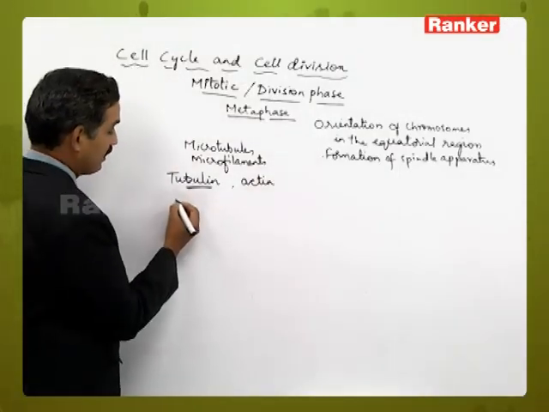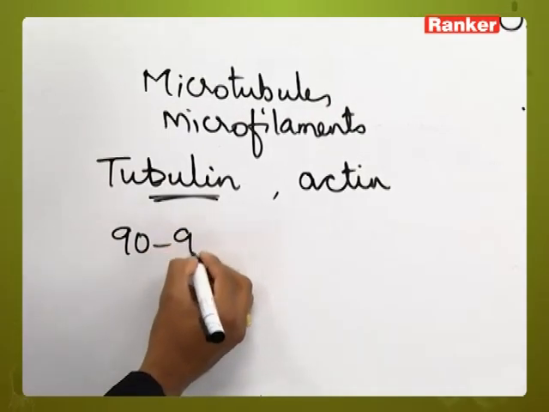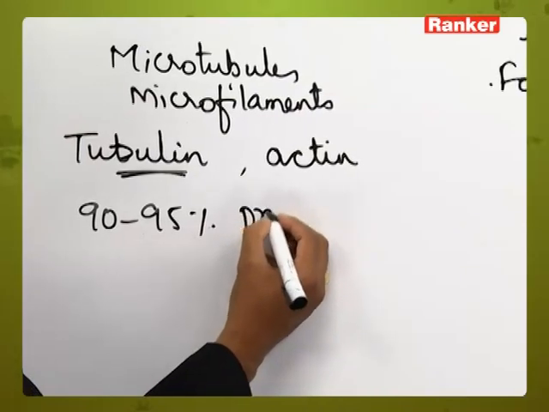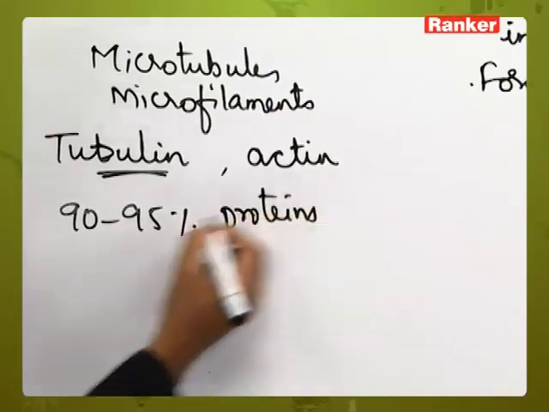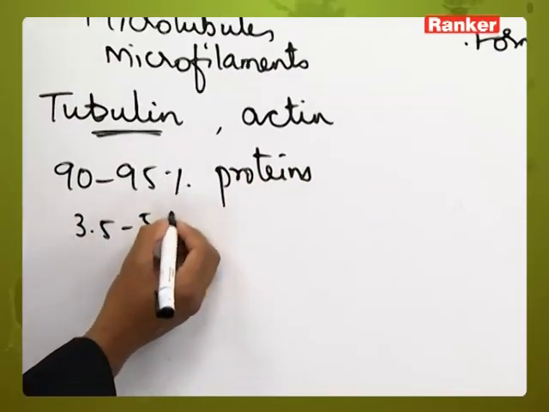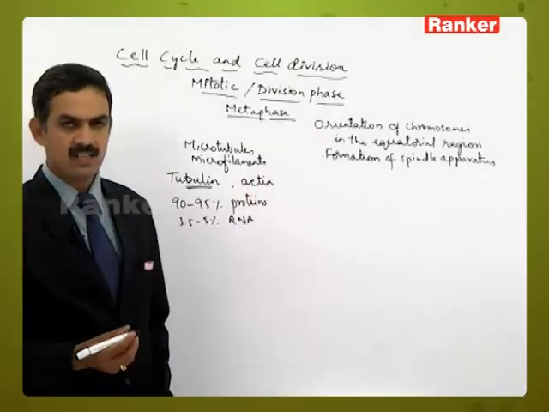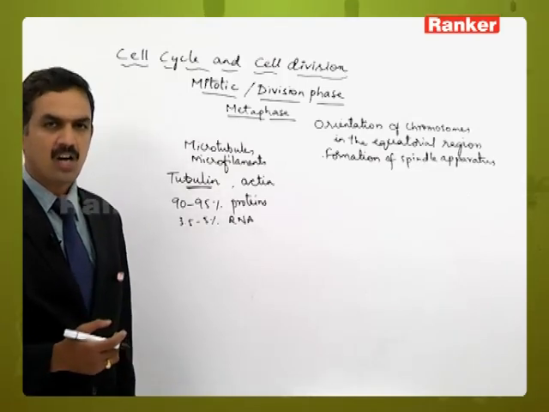Nearly 90 to 95% of the spindle fibers is made up of proteins, and 3.5 to 5% is made up of RNA molecules, with traces of other elements like lipids and some other organic substances.